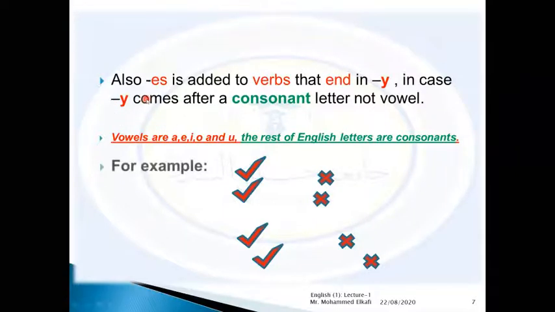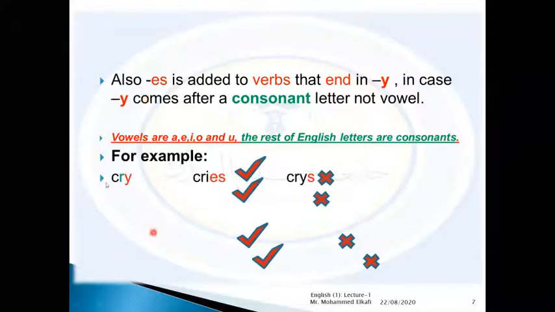So we'll transform Y into I, and then we'll add ES. So let's see some examples that cover this point. As in cry, cry ends in Y, and before Y we have the letter R. And the letter R is one of the consonants, not vowels. Vowels are five, as we said: A, E, I, O, U. The other letters are consonants.